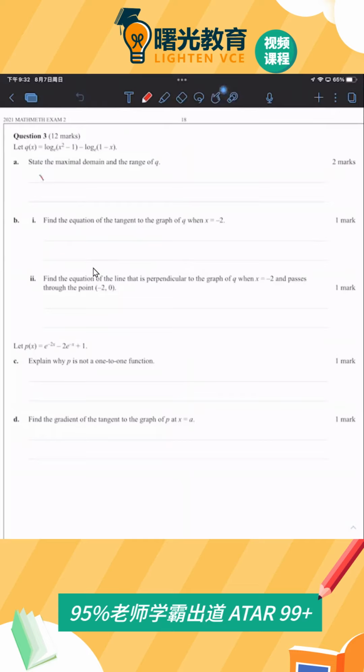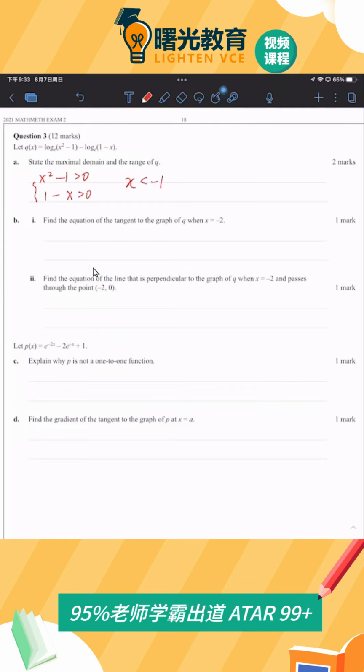For the first one, we need x squared minus 1 greater than 0. And for the second one, 1 minus x greater than 0. We are looking for the intersection of them. So we find that x is less than -1.